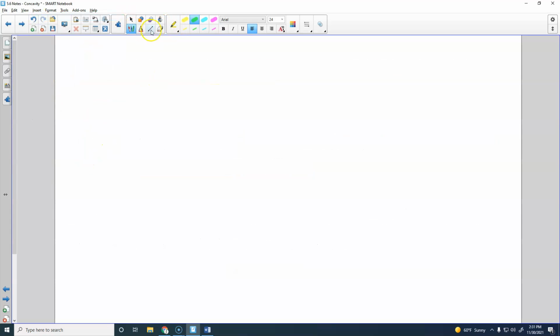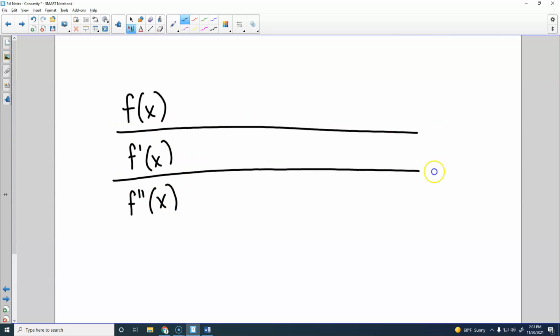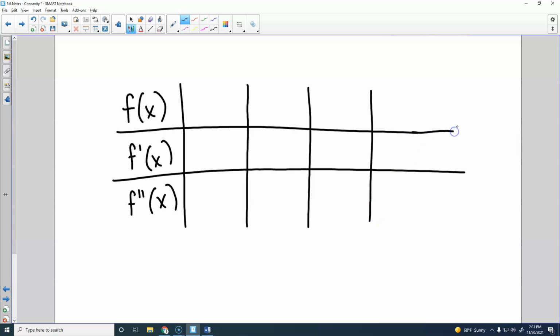I like to make myself a chart to think about what information it gives me. I need f of x, f prime of x, and f double prime of x. And we're going to have 1, 2, 3, 4.